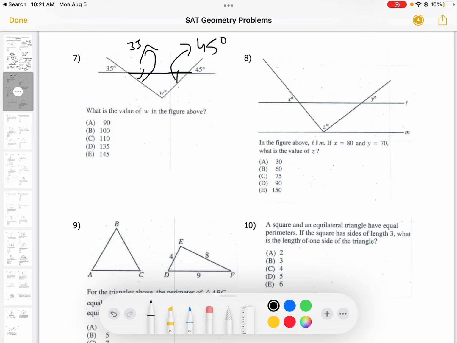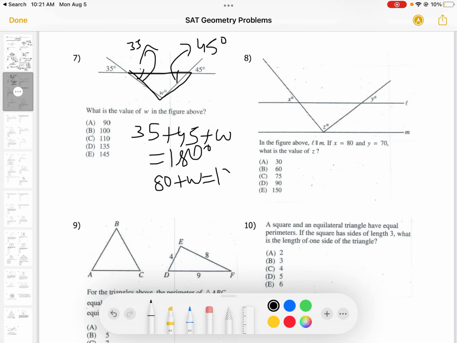And then we know the sum of the angles in this triangle sums to 180. So 35 plus 45 plus W has to equal 180. Now what's 35 plus 45? Well, that's just equal to 80, right? So 80 plus W is 180, so W is 100.